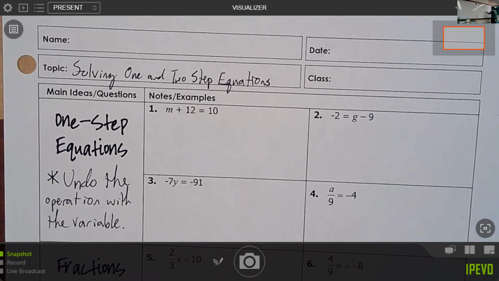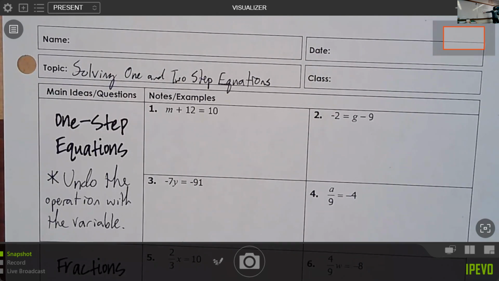So if I were to, let's say this is 5 pounds over here. Let's see, 5 pounds on this side, and then 5 pounds on this side. So it's balanced, right? If I were to take away 1 pound from this side, what would I have to do over here to keep it balanced?